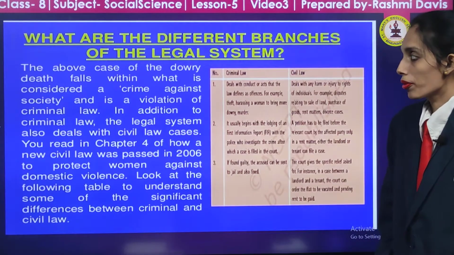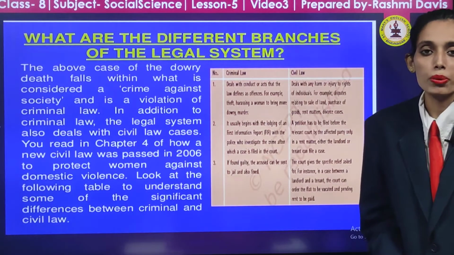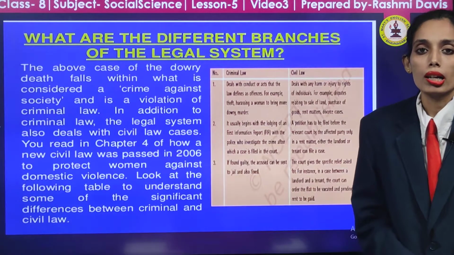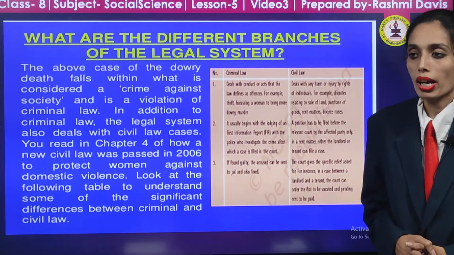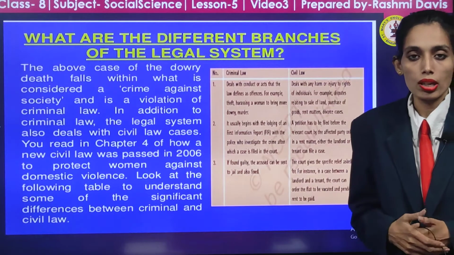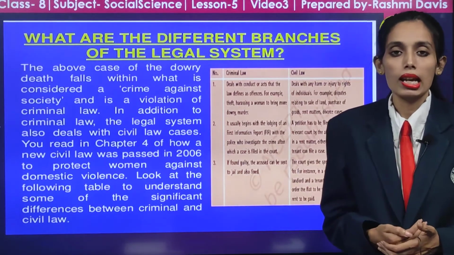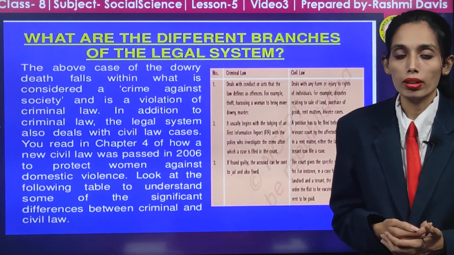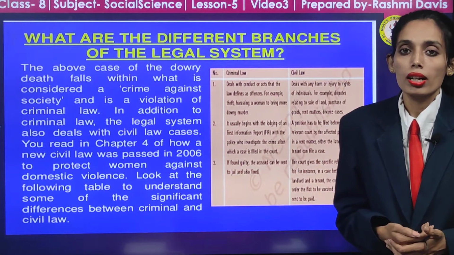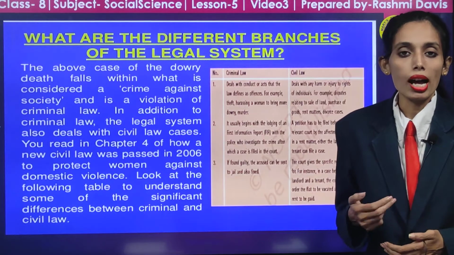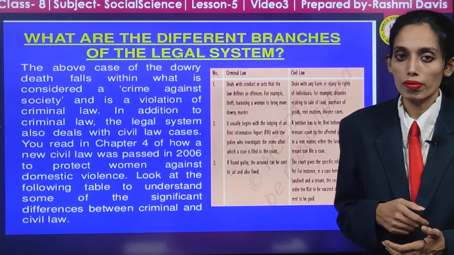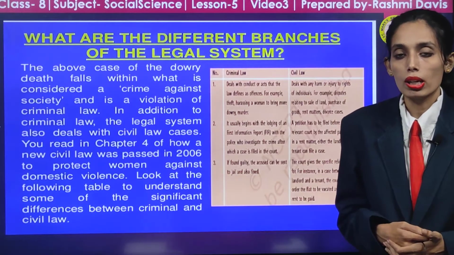In the above case of dowry deaths, in the previous video we talked about Lakshman and Sudha. How did they get justice? First they appealed in the trial court, where Sudha got justice. Later the in-laws, the husband's family, went to the higher court, which gave the verdict in favor of the in-laws.